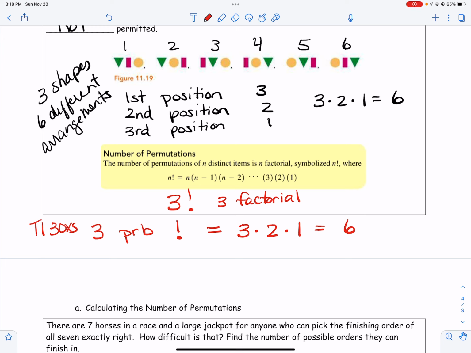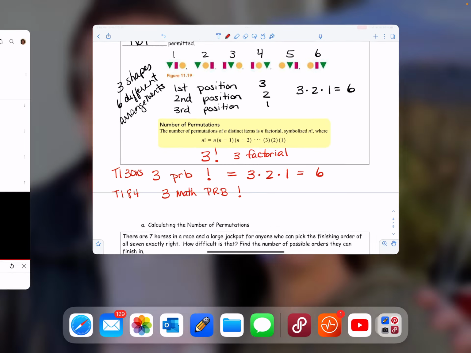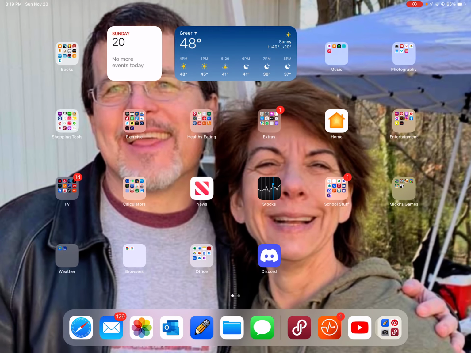If you have a graphing calculator, let's say the TI-84, first you're going to type in the number that you want to do the factorial. So we would type in the number 3. Then you would find the math button. And then you would arrow over until you see PRB. And then you would arrow down until you see the exclamation point. So I do have a graphing calculator on my screen.